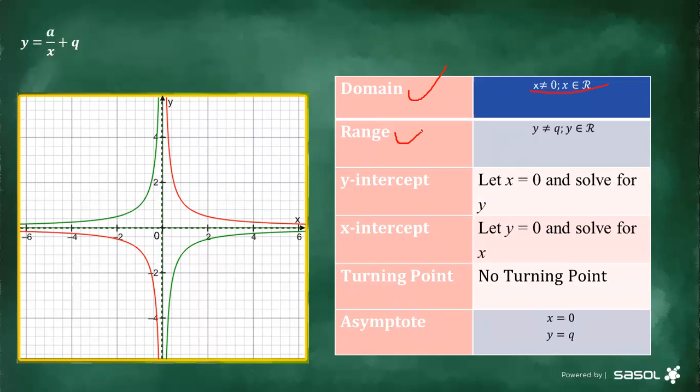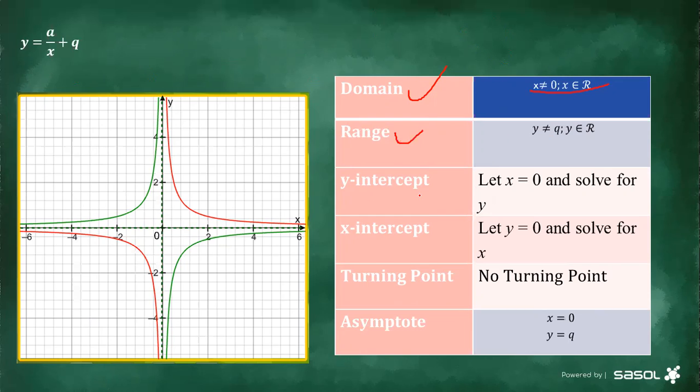And then the range: y is an element of all real numbers, but y should not be equal to q. Any value that comes here, y should not be equal to that number, and here it's q.